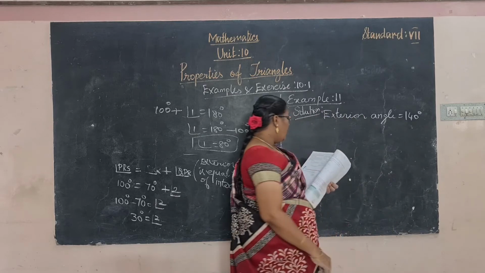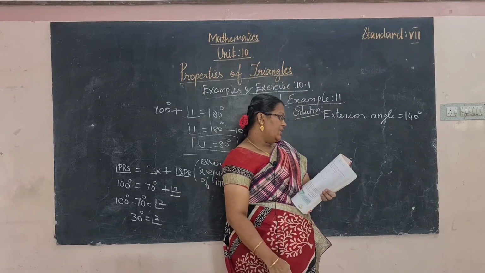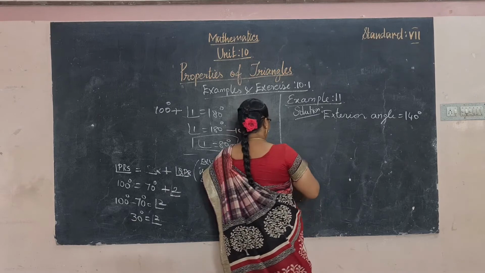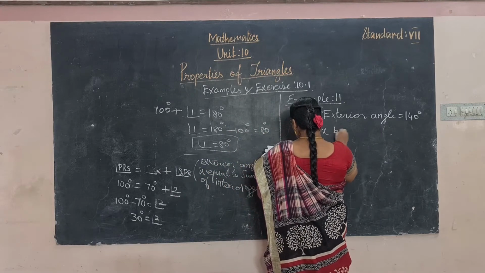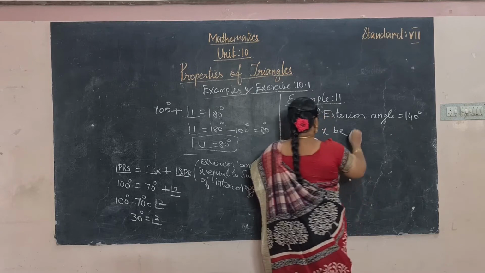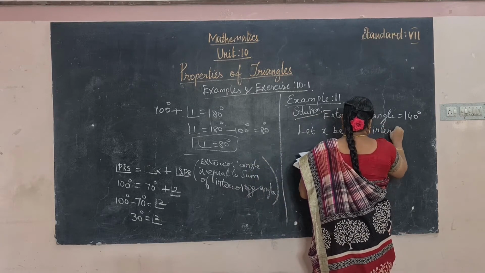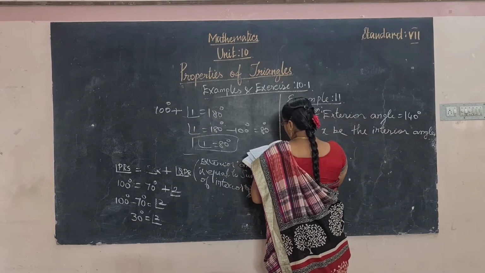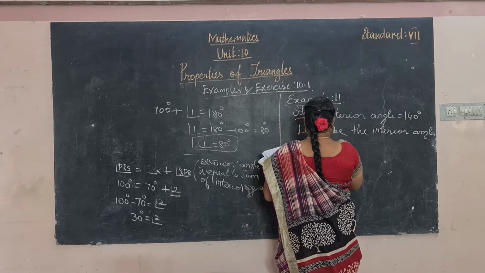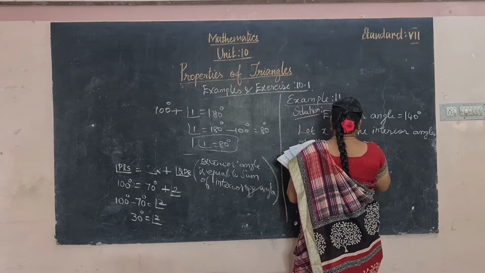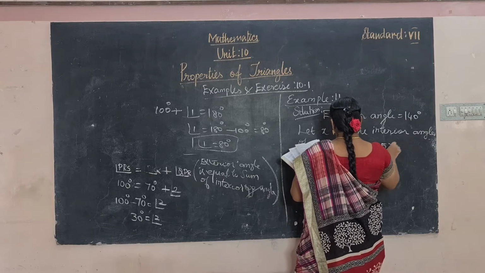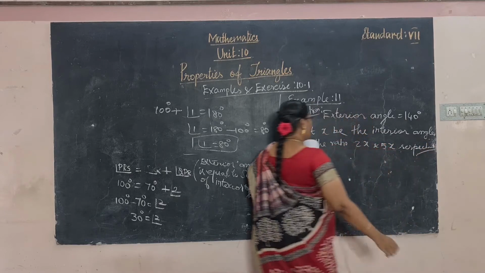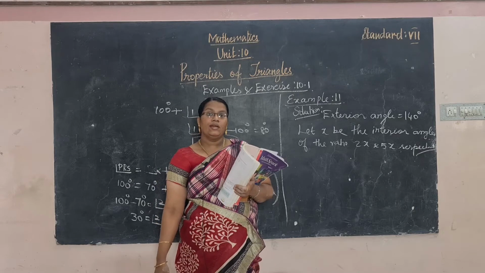If its interior opposite angles are in a ratio, so the interior angles are given as a ratio, so let x be the interior angles of the ratio 2x and 5x respectively. The ratio is given, so we have considered 2x and 5x.